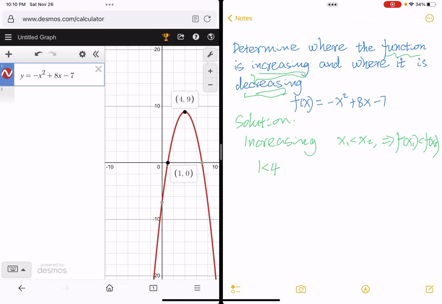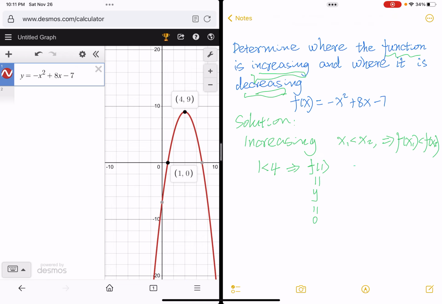We can see right here, 1 x value is less than 4. Then what do we get? When x is 1, f of 1, which is the y value, is 0. This point is (1, 0). So x is 1, y is 0.